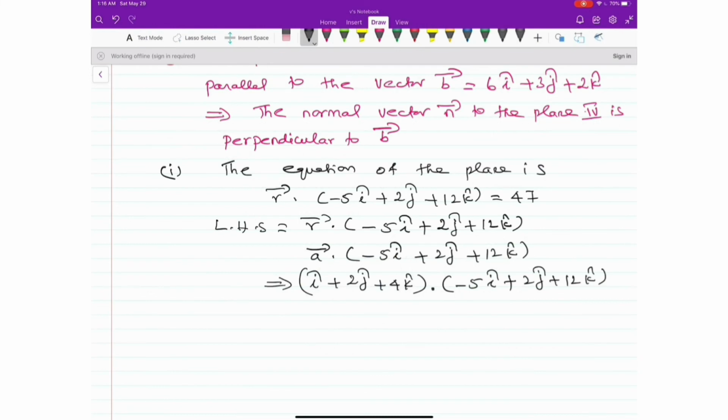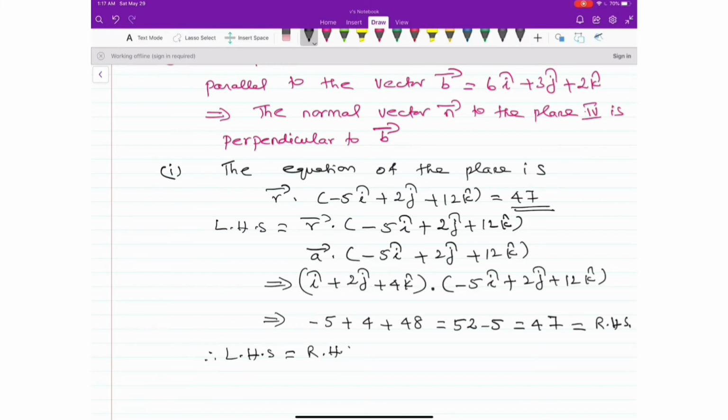When I take the dot product, I will be getting -5 + 4 + 48, which is equal to 52 minus 5, which is 47, which is nothing but the right hand side. Therefore, LHS is equal to RHS.